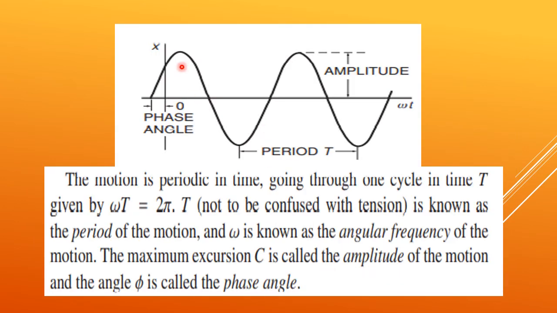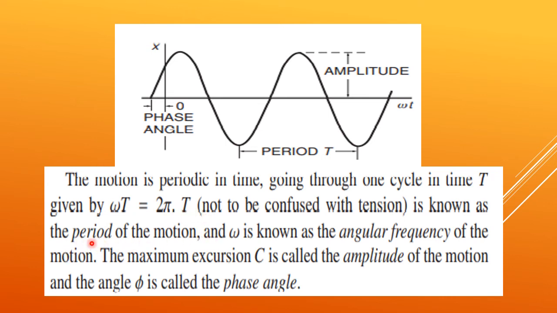Now this is the variation or the graph between x and omega t. So this is the variation. It is a harmonically varying term x with omega t, and this is called the time period. The motion is periodic in time, going through one cycle in time T, which is given by omega T equal to 2 pi, and this T is known as the period of motion.